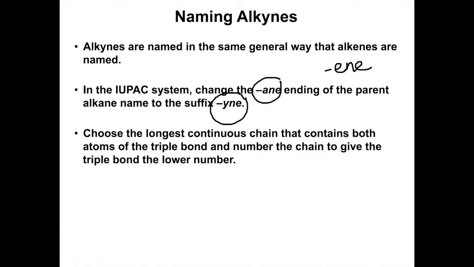So in order to name a triple bond, we'll choose the longest continuous chain that contains that triple bond. And then once we find that longest possible chain, we will number our chain in a way that the double and the triple bonds get the lowest possible numbers.